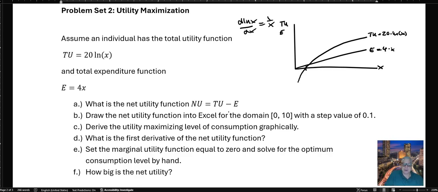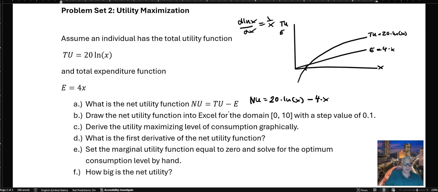I will do that also in Excel, but the first question is, what is the net utility function, which is defined as the total utility minus expenditures. So the net utility is simply the total utility, which is 20 times the log of x, minus 4 times x.